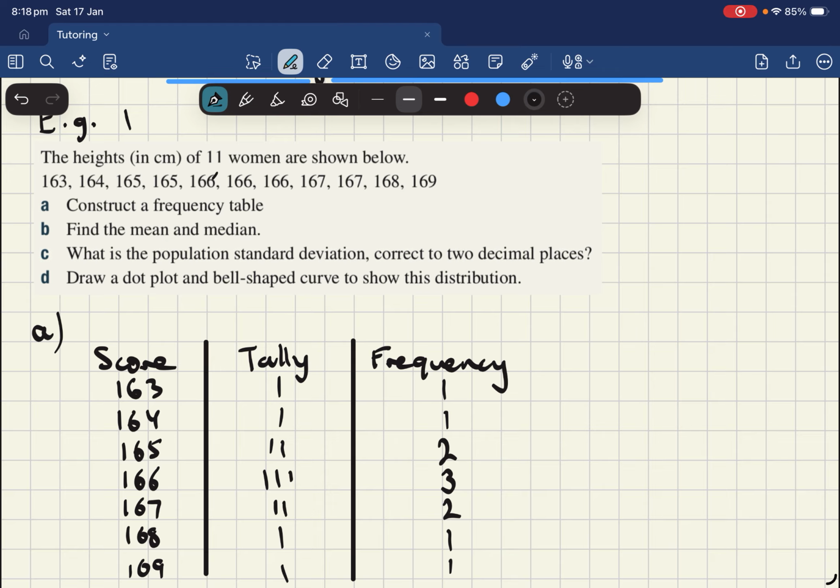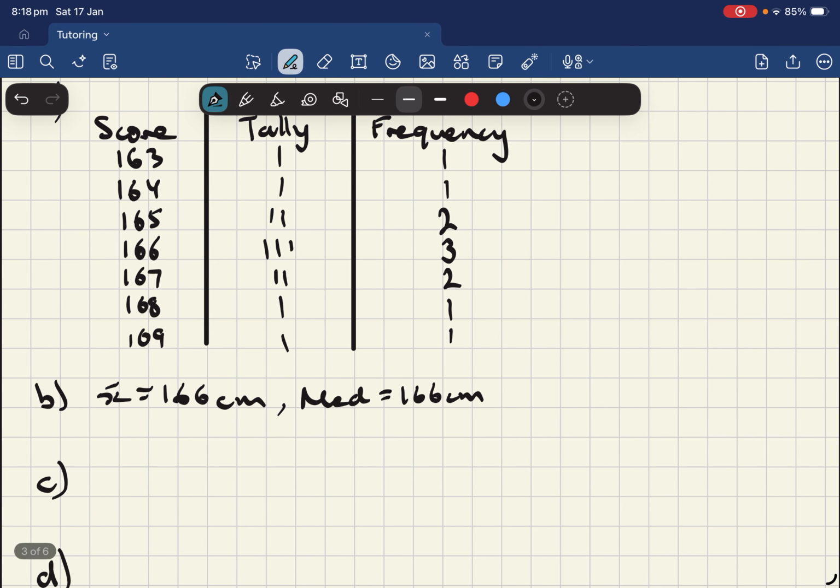This video is assuming that you already know how to do that, but finding the population standard deviation, we use our calculator, and this will give you a value of about 1.65 centimeters. Okay, we're going to talk a lot more in detail about standard deviation as we go on, but right now we're just practicing making sure we can calculate mean, median, and we can find the population standard deviation.